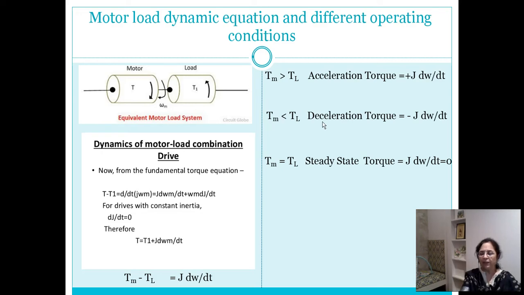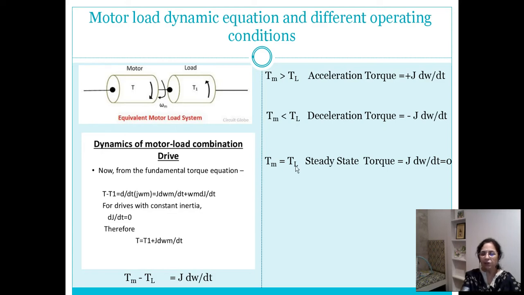When the load increases on the motor, at that instant motoring torque is less than the load torque, because load torque demand increases. In that case, TL becomes larger than Tm and this difference becomes negative. So J d omega by dt becomes negative and it produces deceleration in the combination.